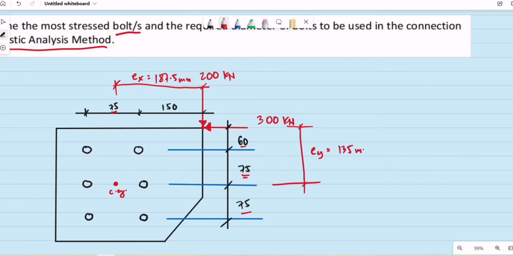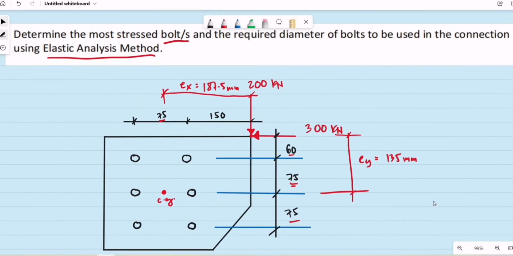E sub y is equal to 135 mm. Okay, so since we are using the elastic analysis method, we also assume that our loadings, the 200 and the 300 kilonewtons, are also acting on the center of gravity of the bolts.